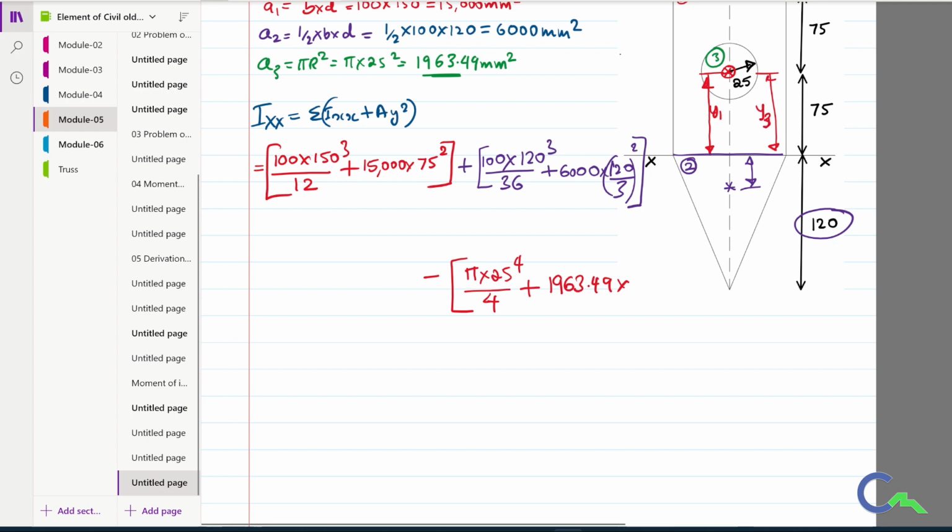Previously we took y2 for the triangle, and now y3 directly I can say is 75, so 75 square. After doing this calculation, we are going to get the value 1.155 into 10 to the power 8 millimeter to the power 4. This is the final answer.